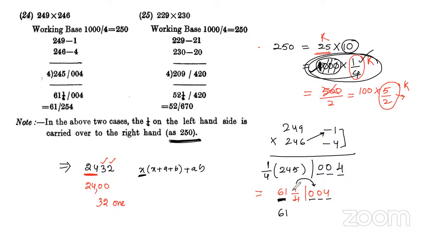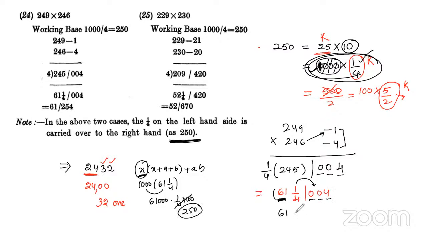Okay, fine. But what about this fraction? This part is multiplied by 1000, and this is 61 upon 1 by 4. So this into this one is 61,000. And 1 by 4 of 1000 is 250. So that is the 250, not the thousands. They are hundreds. So 250 is added to this part.